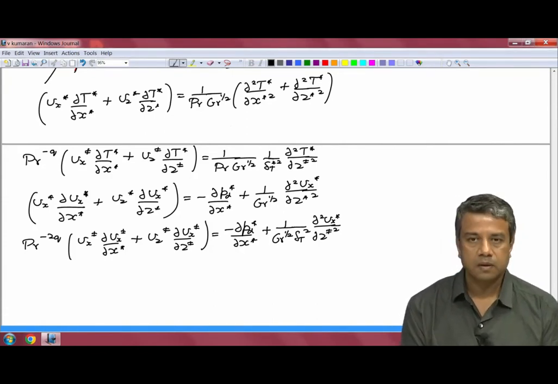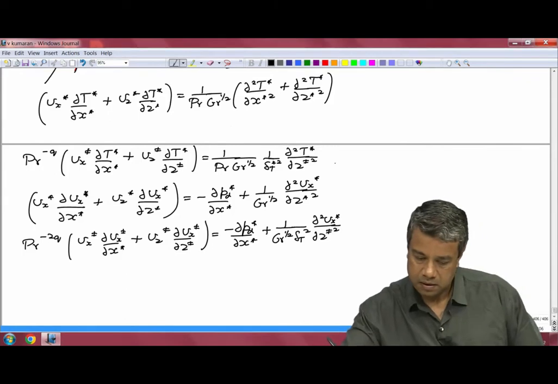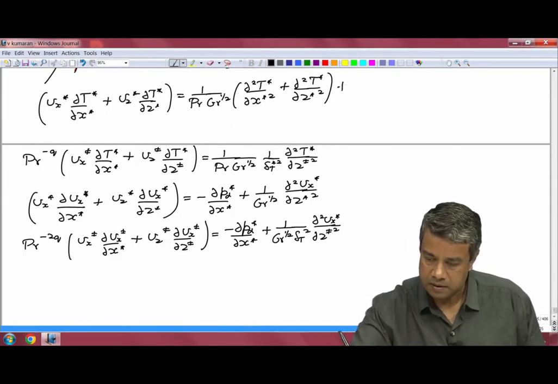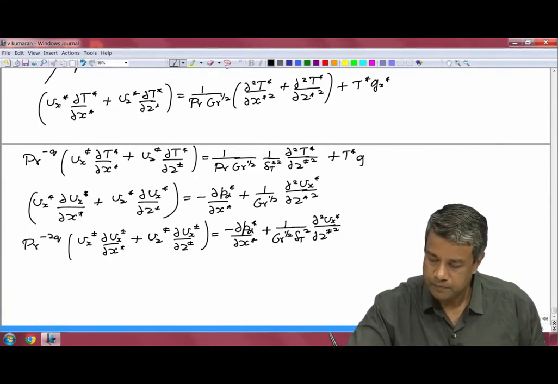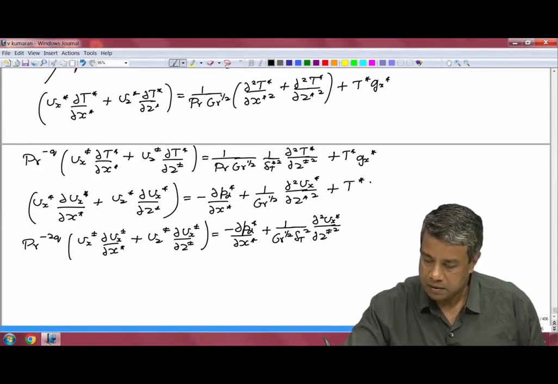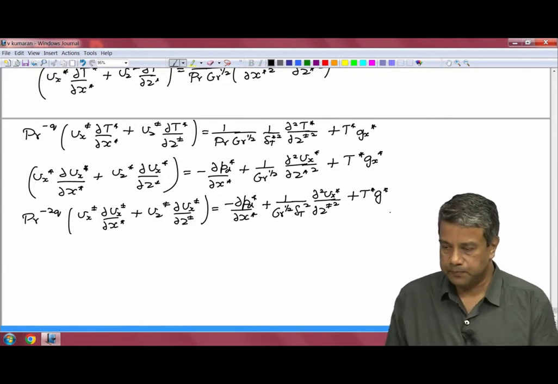So, therefore, within the thermal boundary layer thickness, you would expect that there will be a balance between... I have neglected plus T star Gx star. Kindly note I have neglected the body force here, that was a mistake. Kindly include the body force in the formulation.